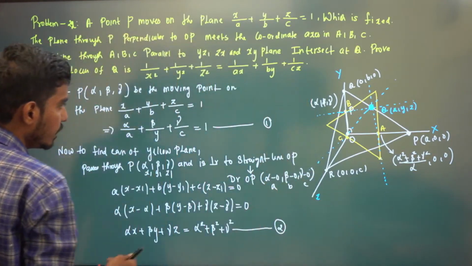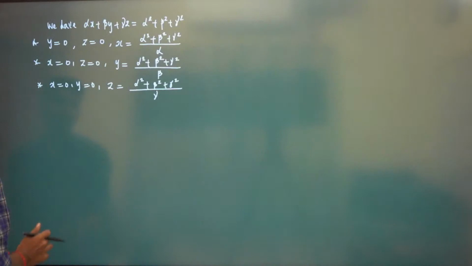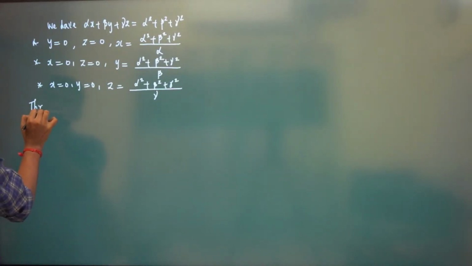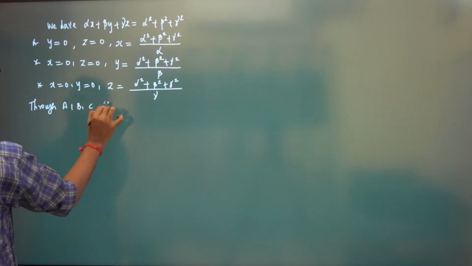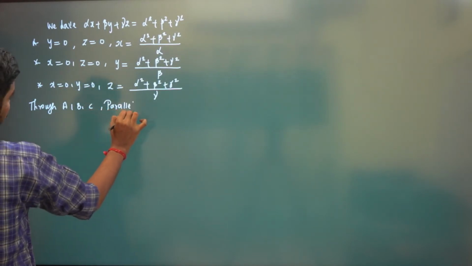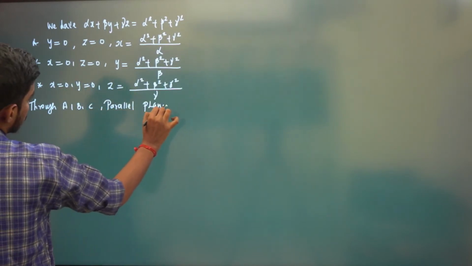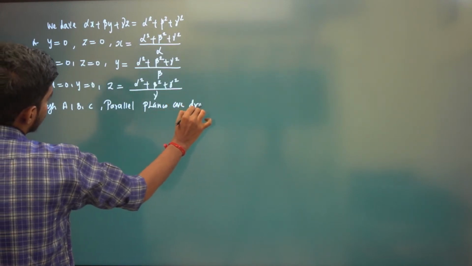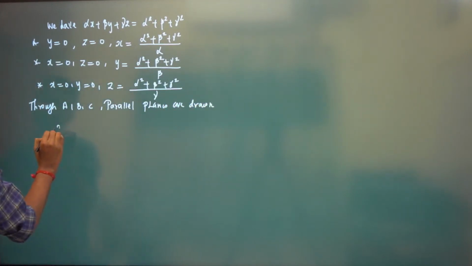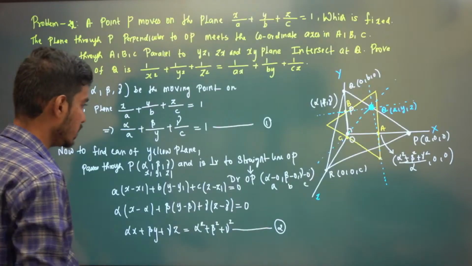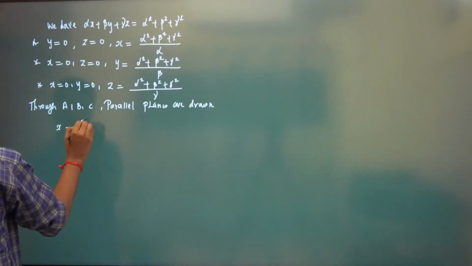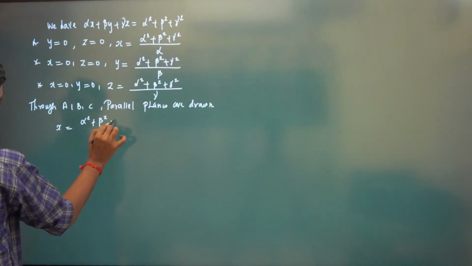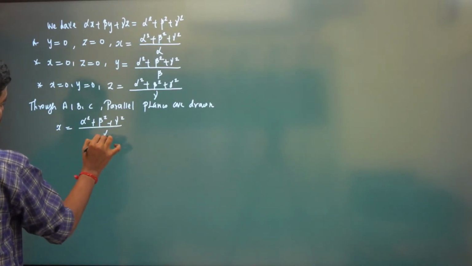So through A comma B comma C we are drawing parallel planes, right? So what are those equations? This equation is x is equal to alpha square plus beta square plus gamma square by alpha.